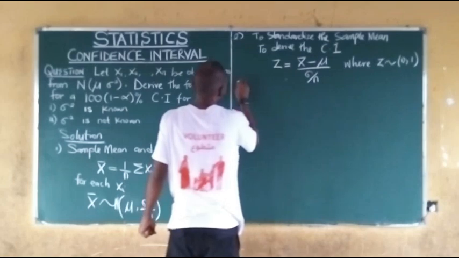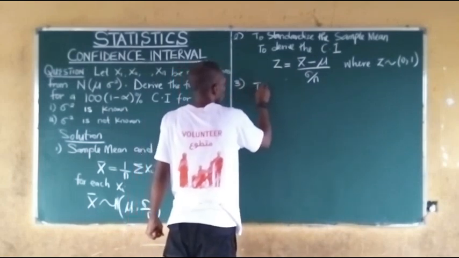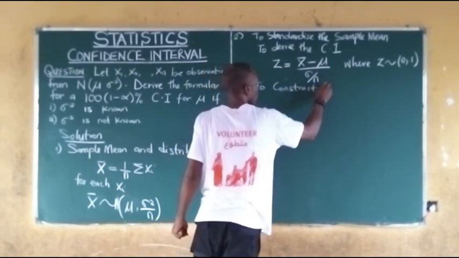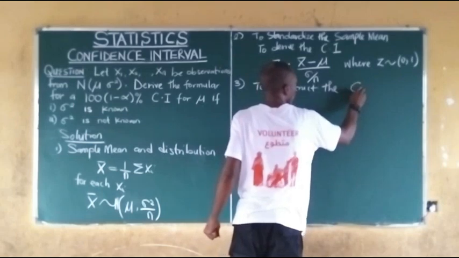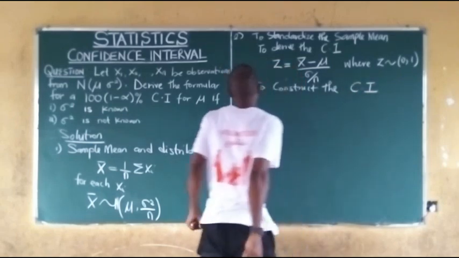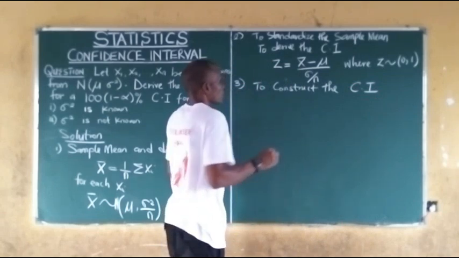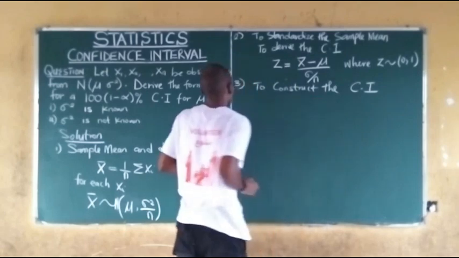Also, three, to construct the confidence interval, what we need is a critical value.